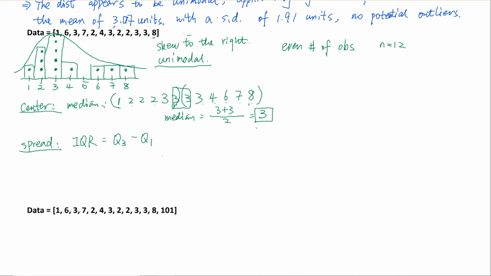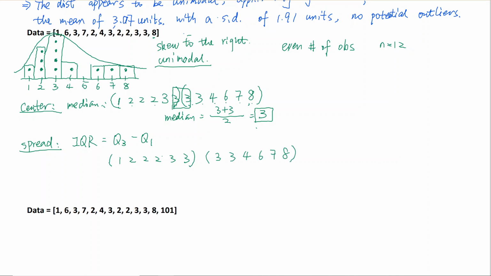Okay, so for this case, the middle two values are 3 and 3, right? So now we need to divide this whole data set into 2 equal parts. So the first half will be 1, 2, 2, 2, 3, 3, right? The second half will be 3, 3, 4, 6, 7, 8.